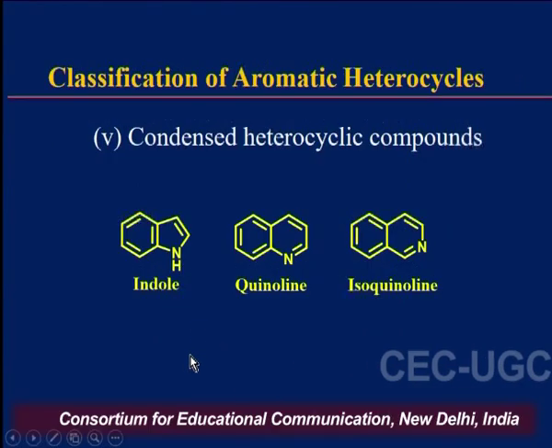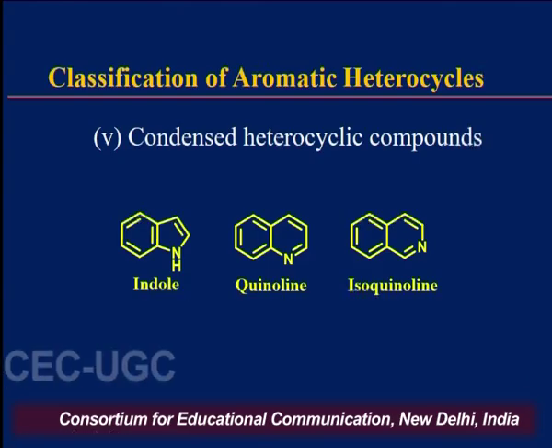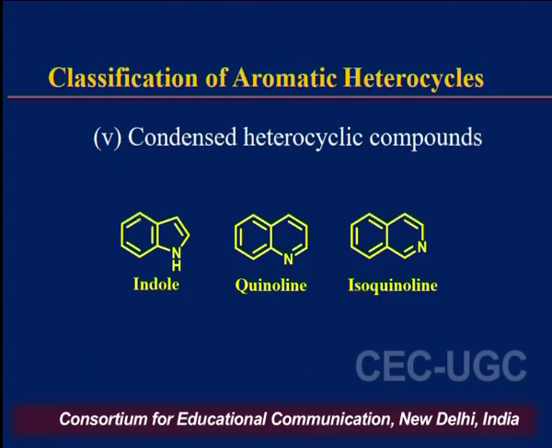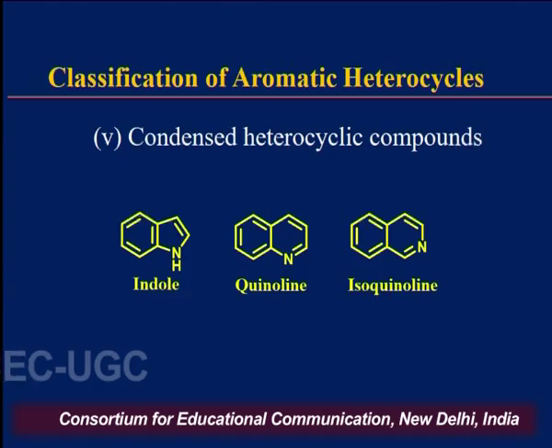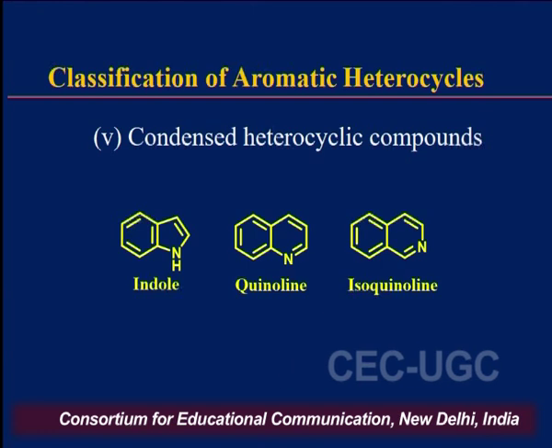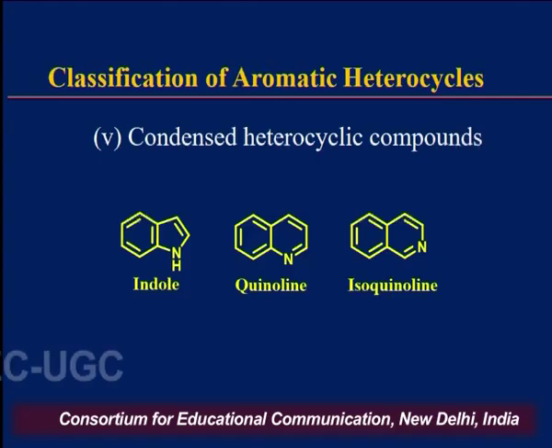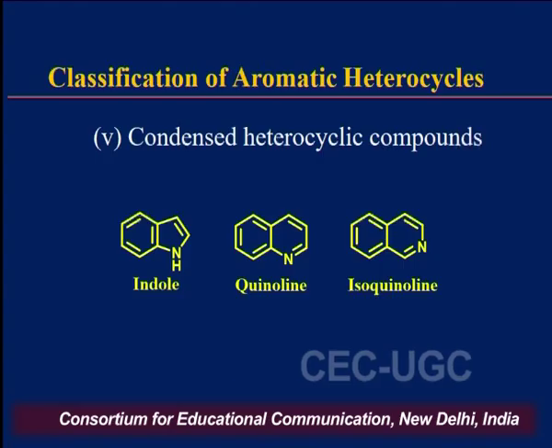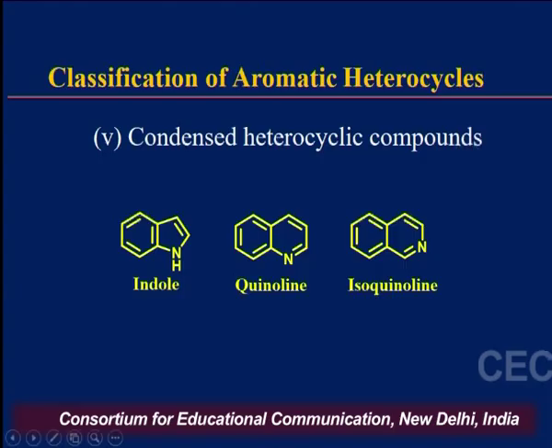The last category in aromatic heterocyclic compounds is fused heterocyclic compounds, or we can say condensed heterocyclic compounds as well. In fused heterocyclic compounds, 2 or more heterocyclic rings or benzene rings are fused together. In the case of indole, there are 2 rings fused, one ring is benzene and the other ring is pyrrole.